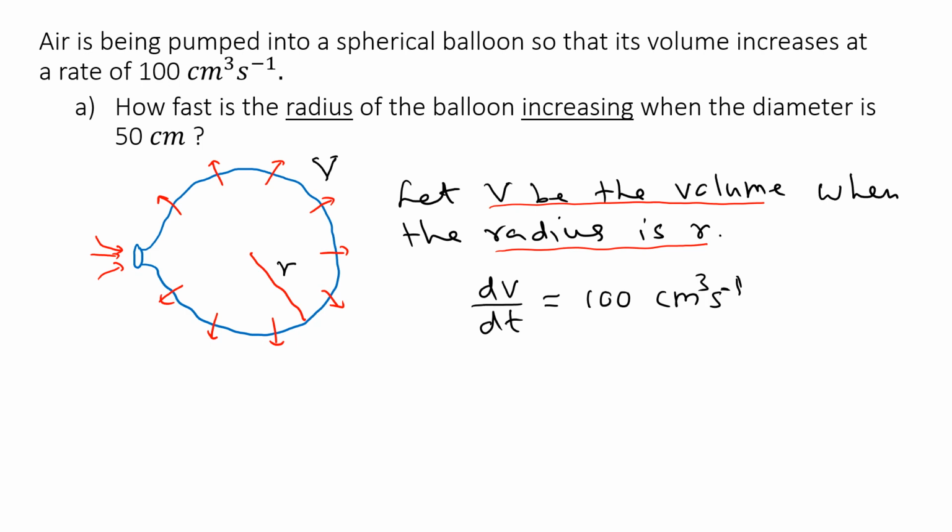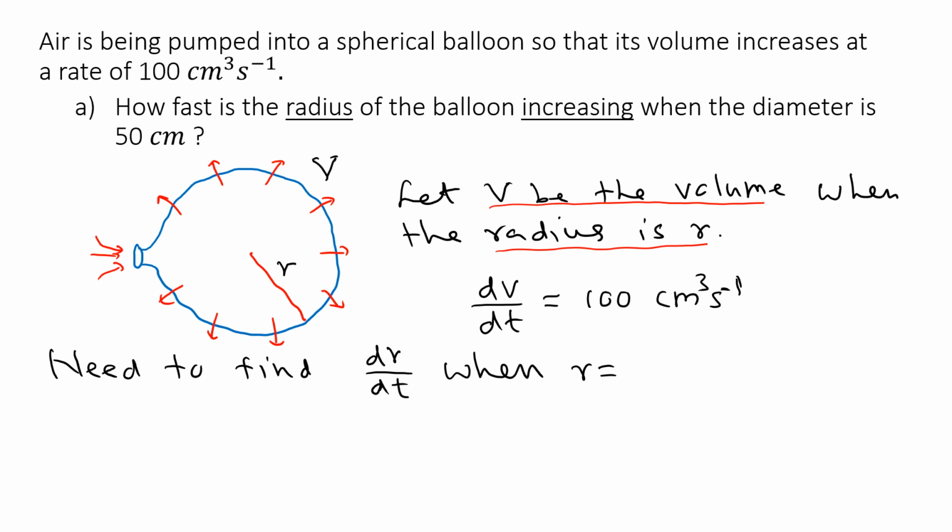And we know this formula from high school. What is the relation for the volume of a sphere? And then you can see in this problem, actually what we're trying to do is we need to find dr over dt when the radius, so you can see the diameter is 50.